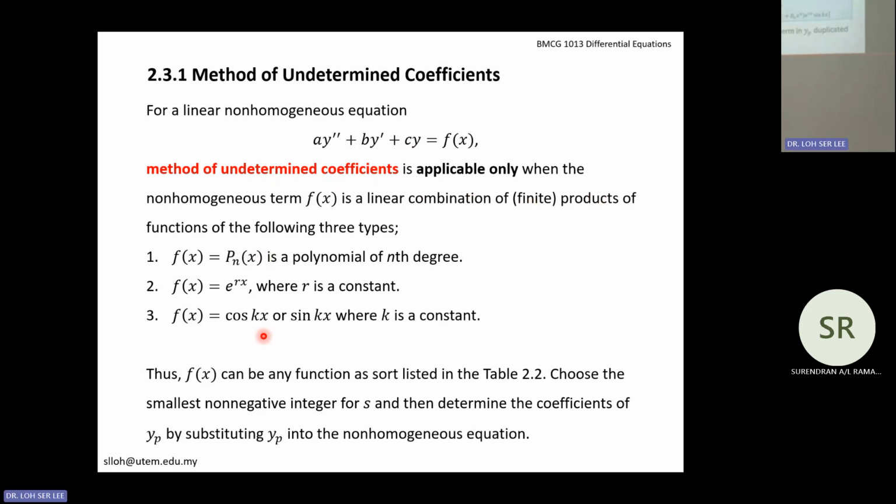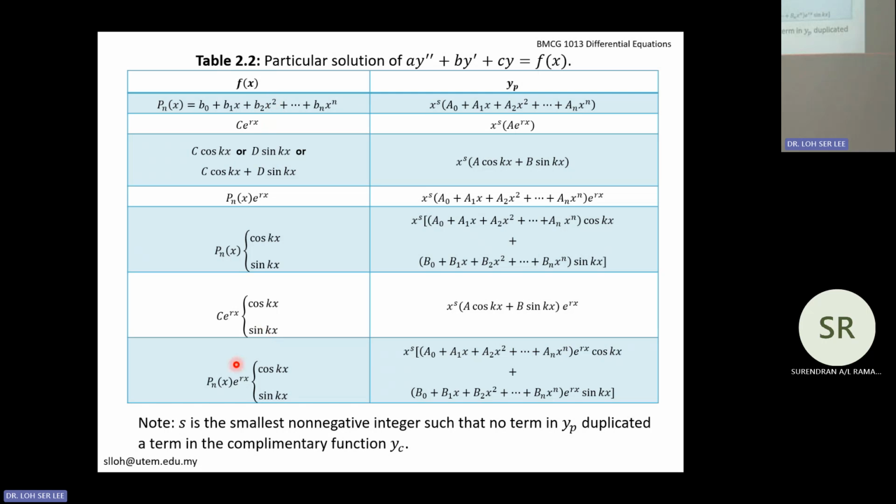In short, we can have these few types: polynomial only, exponential only, cos only, or sine only, or a linear combination of cos and sine, or a polynomial multiplied to an exponential, or a polynomial multiplied to either one of these, or an exponential multiplied to either one of these, or a product of these three, or any one of this category plus another category.